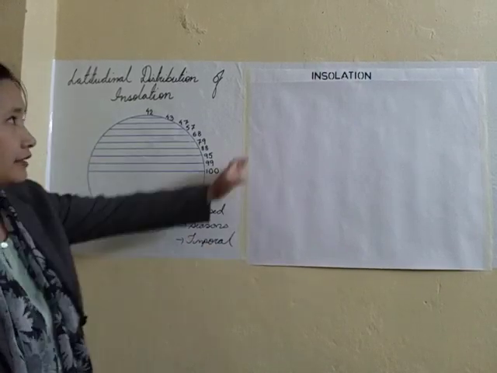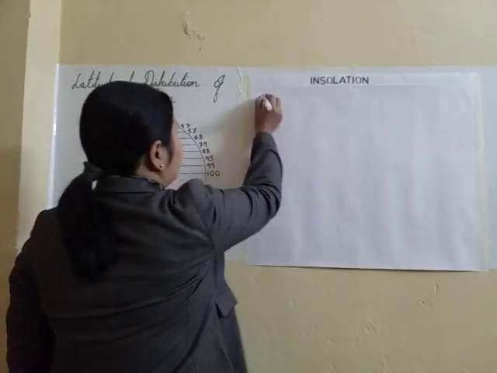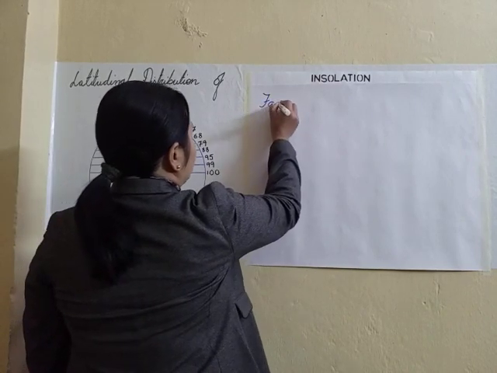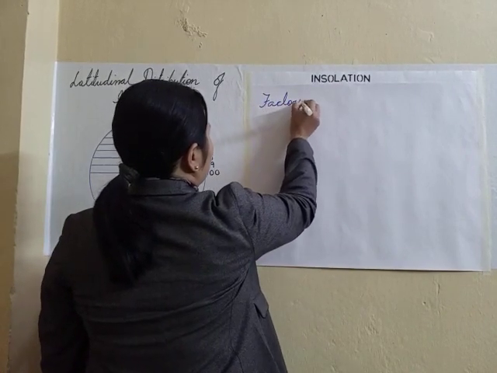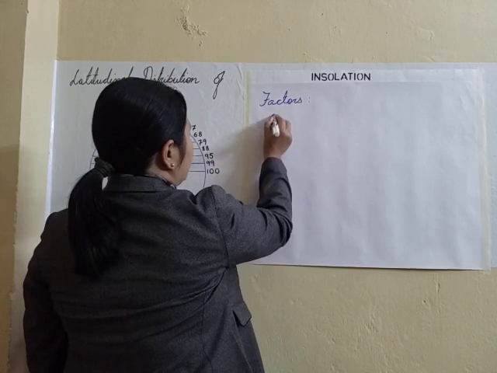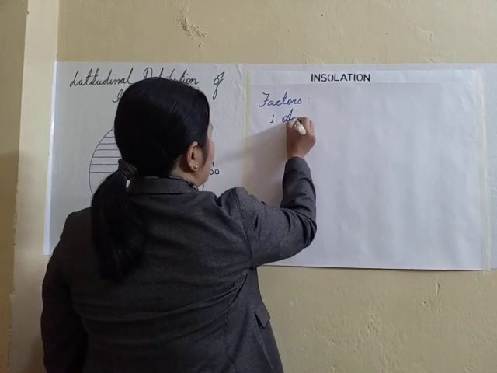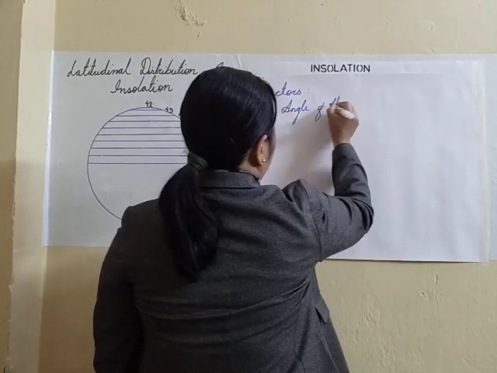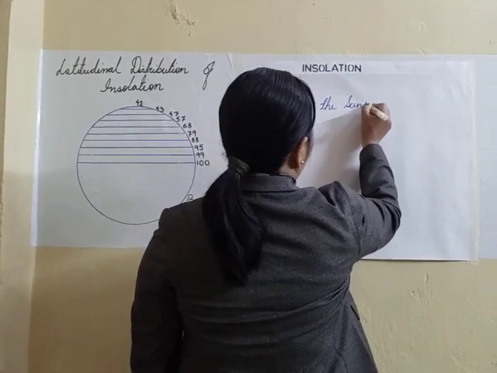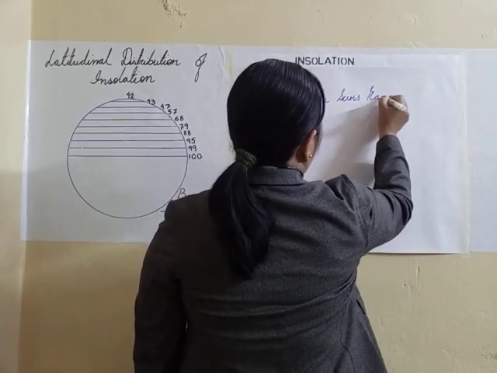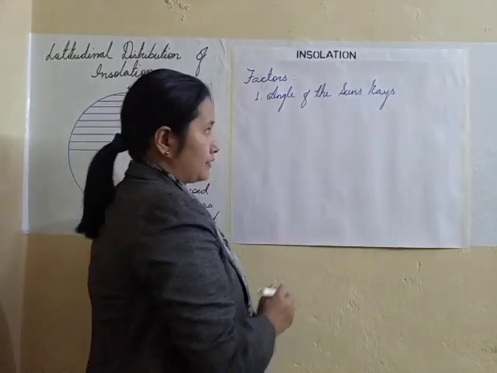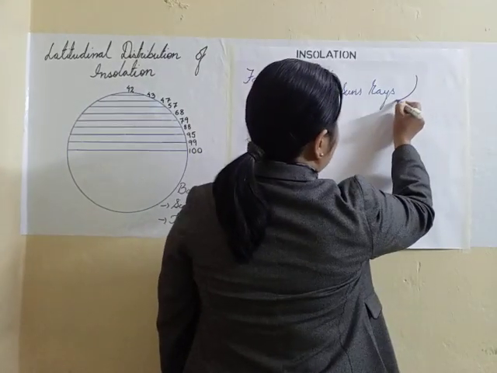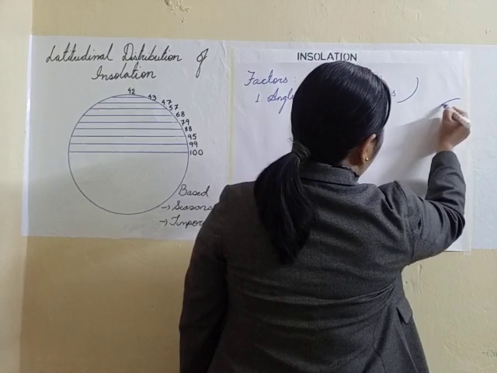Now we come to the factors which affect insolation. Among the factors, the first factor is angle of the sun's rays. Let us have a look at this simple diagram.